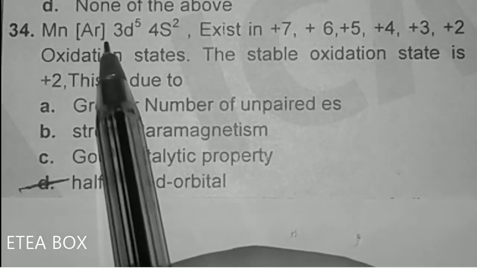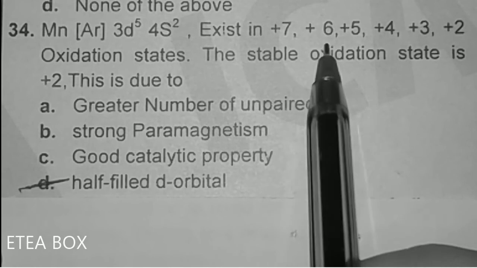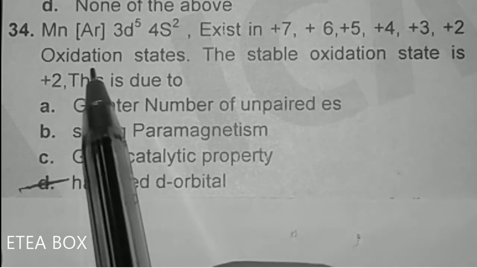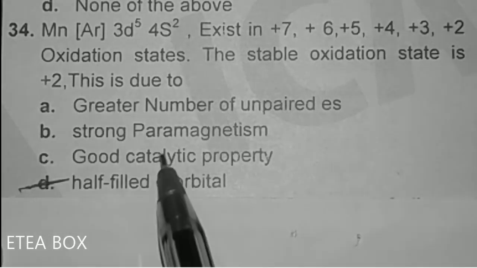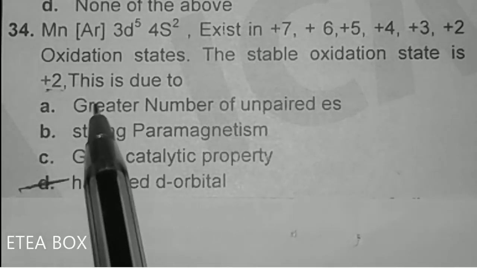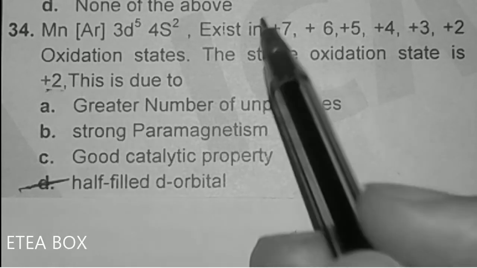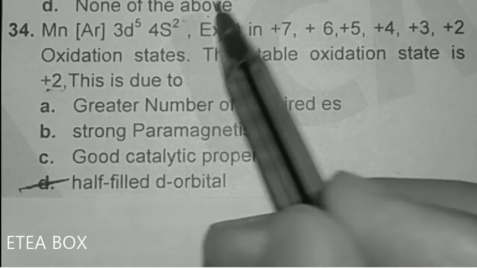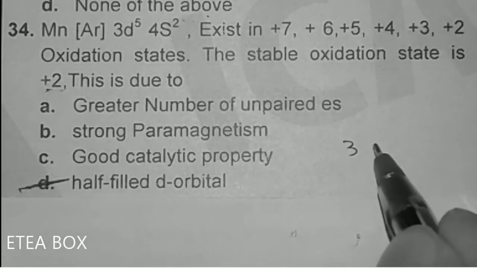Manganese, look, the electronic configuration is given, exists in plus 7, plus 6, plus 5, plus 4, 3, 2 oxidation states. The stable oxidation state is due to, now look here, plus 2 is the stable oxidation state. Now what is the reason? Let's suppose this manganese lost these electrons, then what will be the electronic configuration? It will be 3d5.